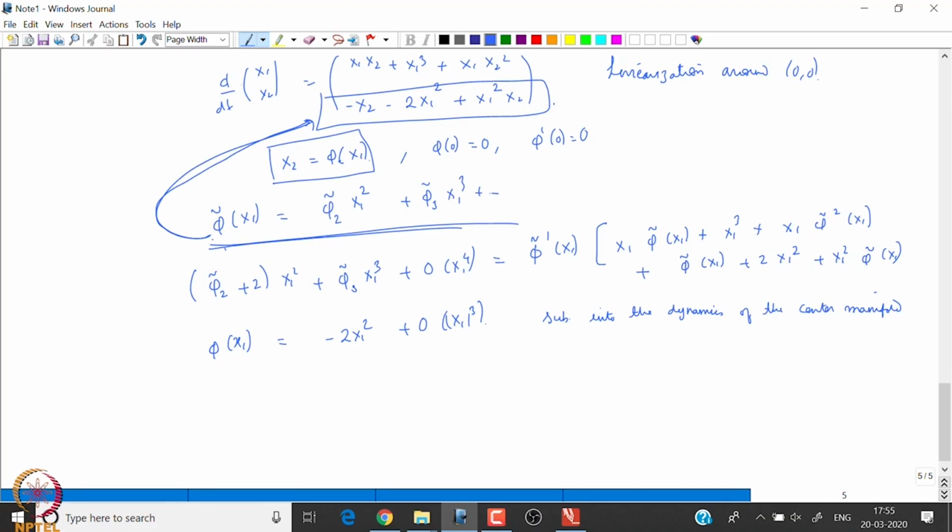I get x1 dot from this expression: d by dt of x1 is x1 times x2 plus x1 cube plus x1 x2 square. Now x2 is phi of x1, so I will have x1 times minus 2 x1 square plus x1 cube plus other terms of order 4.